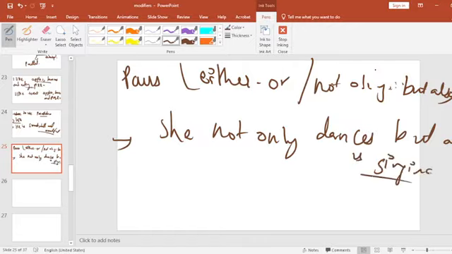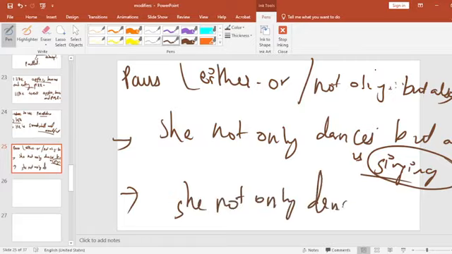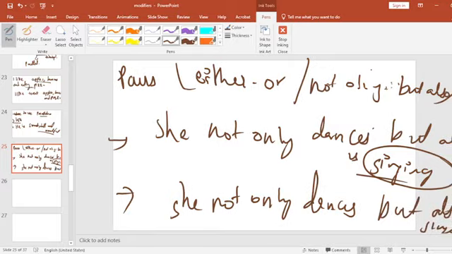Over here you can see ing is there here, but it's missing there. How can you make it right? She not only dances but also sings. So there's no ing form. So this is how you can write in pairs.